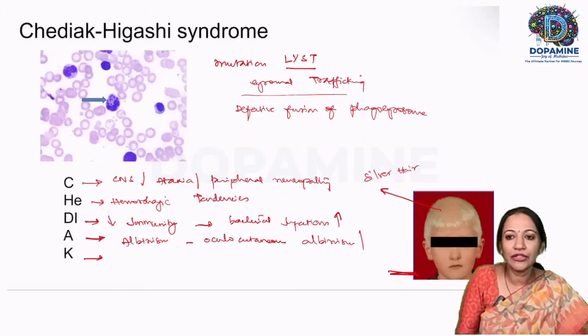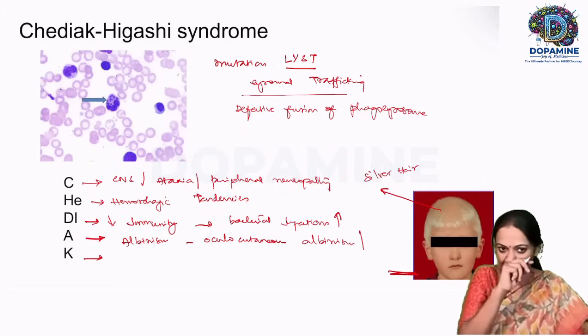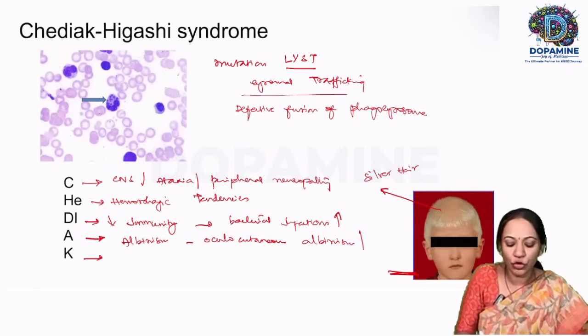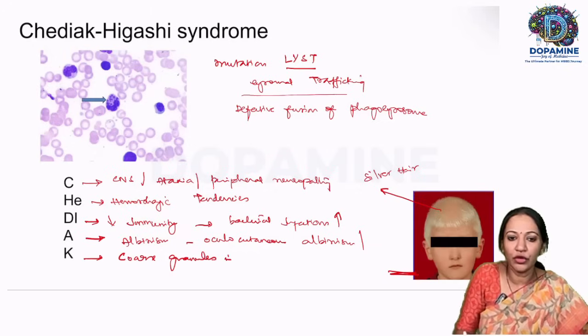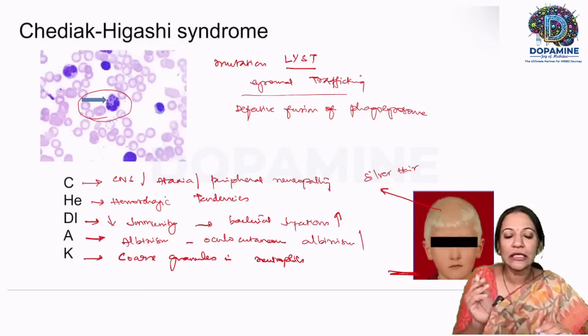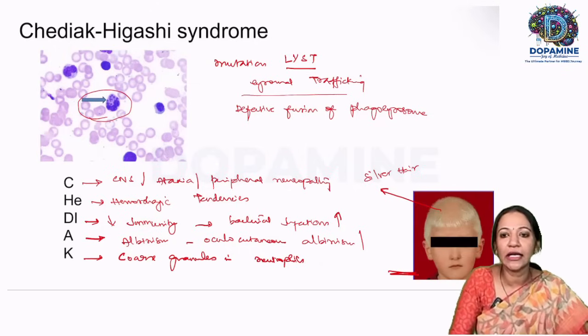K, instead of K, you can remember it as C. So C for coarse granules in neutrophils. So as you can see in this picture, these are coarse cytoplasmic granules. So these are all the clinical features of Chediak-Higashi syndrome.